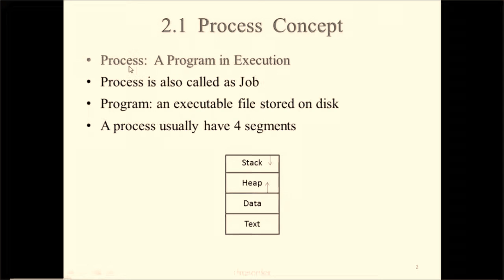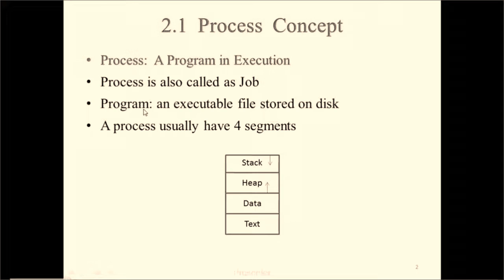What is stored on the hard disk is a program. When we double click it, execution of the program begins, and when it gets into execution, it is known as a process. Okay, a process is also called a job.